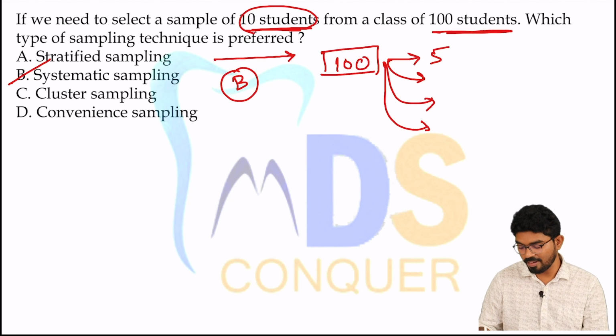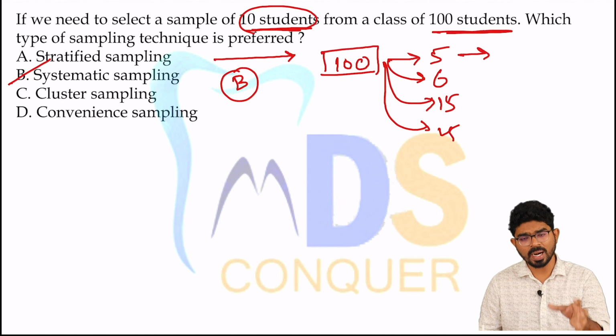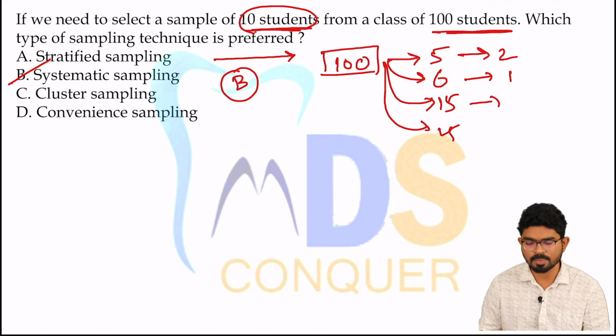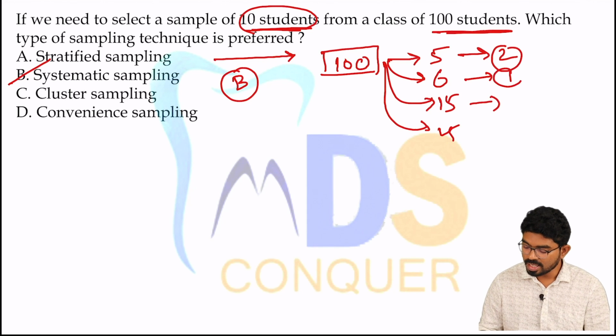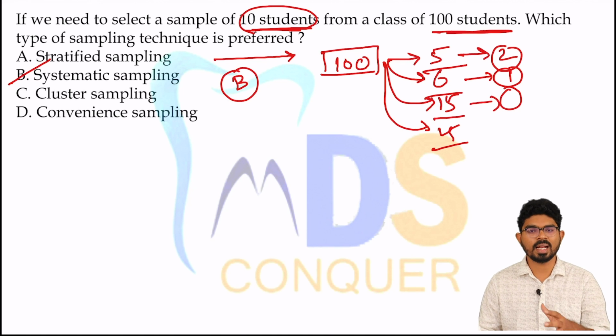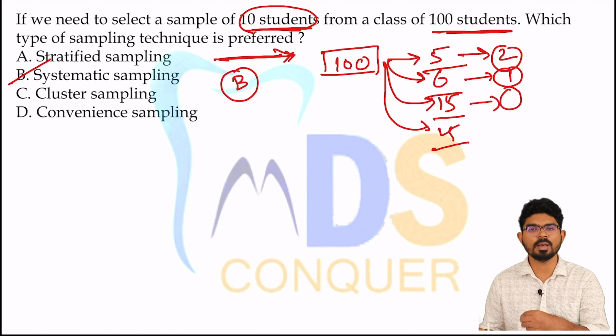One colony will have 5 or 6, 15, 20, something like that, in all the 10 colonies, and you're going to select a particular group of individuals from each colony, 2 from here, 1 from here, something like that. So you're going to divide them into subgroups, then do the random sampling technique. That is called stratified. You're going to divide them into strata.